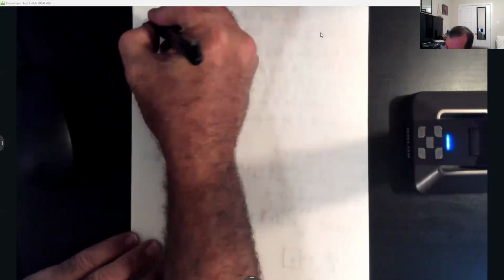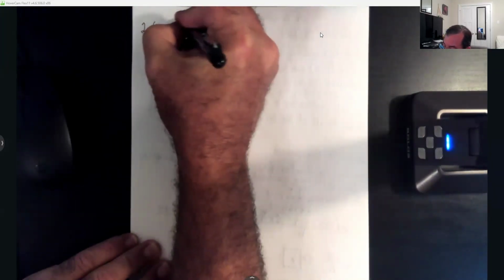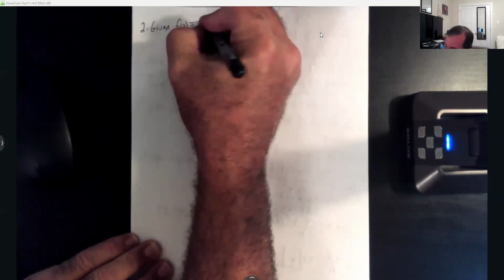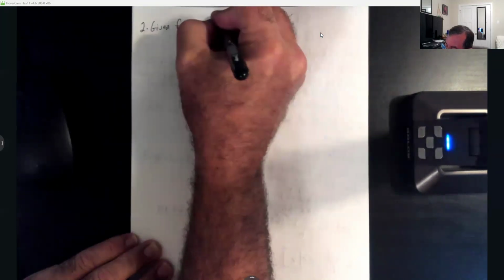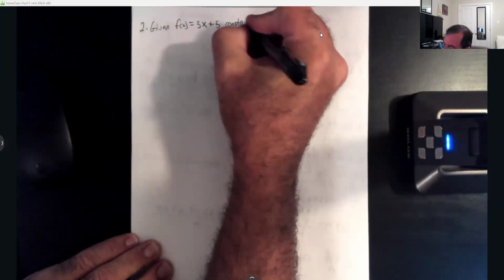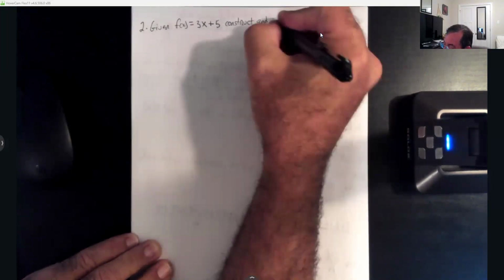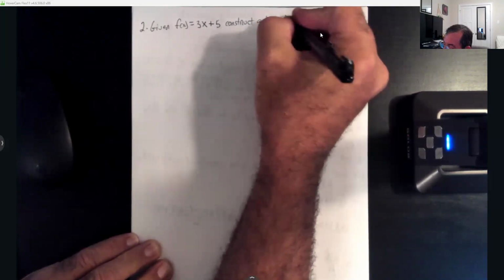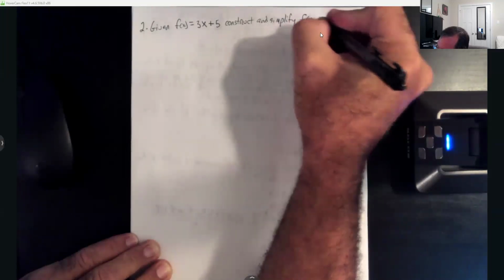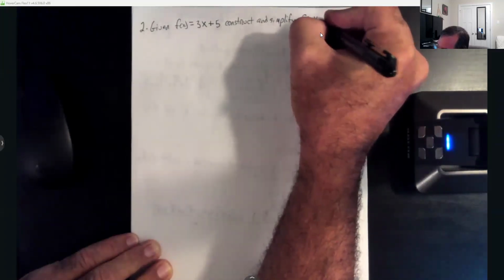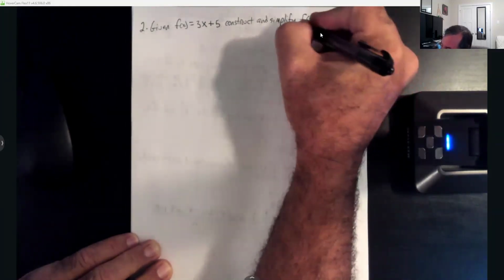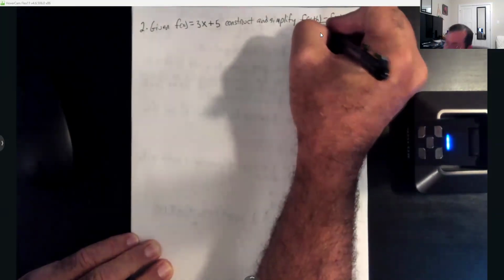All right, y'all, so given f of x equals 3x plus 5, construct and simplify my difference quotient, and I'll write it again since we're on another page. f of x plus h minus f of x all over h.